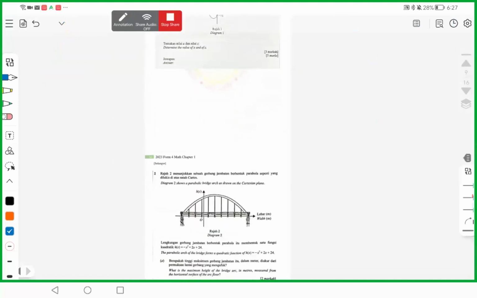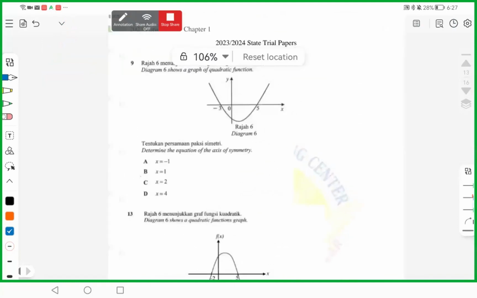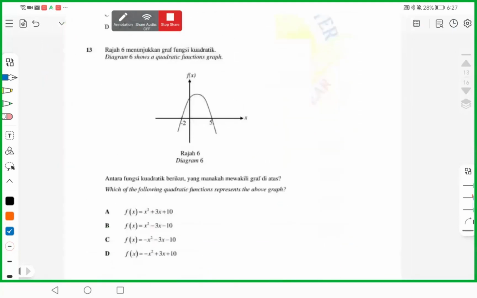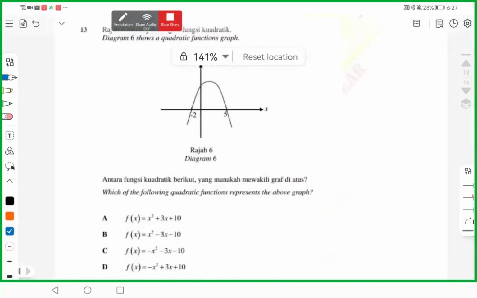You'll get this copy later, so not to worry. So this is a state trial paper, one of the questions. Which of the following quadratic functions represent the above graph?